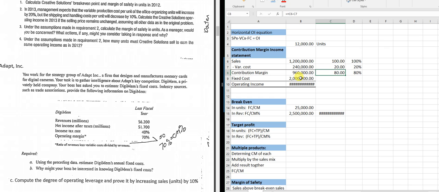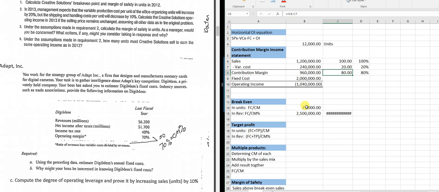But I have $2 million in fixed costs, and I have 12,000 units. So you can see that I have a big loss. Okay, but sometimes if I have $1 million fixed costs, the lower my fixed costs are, the less risk I have.